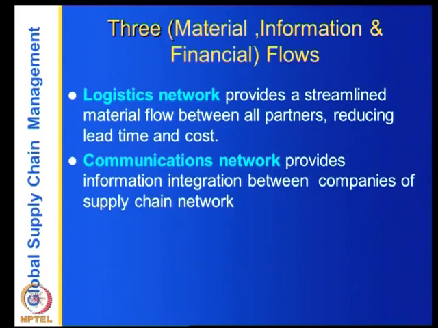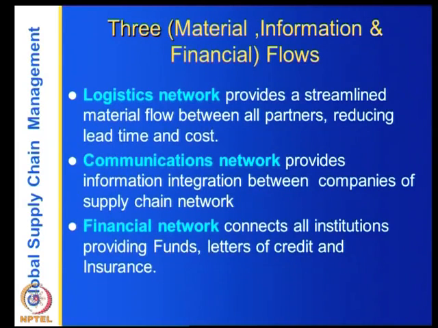And the second network is the communication network. As I said, it provides information integration between the companies in the supply chain network. And this information that is transmitted could be the ordering process, or it could be the information regarding the status, or the requirements and so on, or it can be information regarding the funds flow.